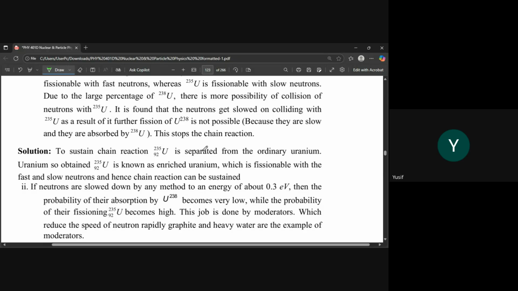You need to separate the uranium-235 from the 238 so that the 238 will not capture the neutrons, and the excess neutrons produced in the reaction can sustain it. The uranium so obtained is known as enriched uranium, which is fissionable with fast and slow neutrons, and hence the chain reaction can be sustained.